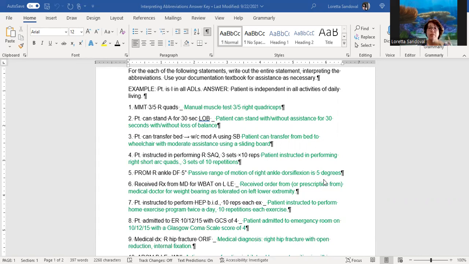So think about who your audience is, and the other person in the audience, if you want to think of it this way, is the insurance adjuster who's deciding whether or not you get paid based on this note. And a lot of insurance adjusters, no, insurance adjusters are not medical people.